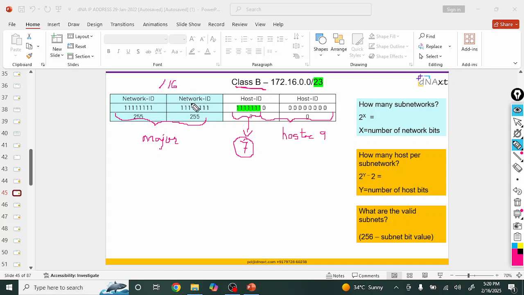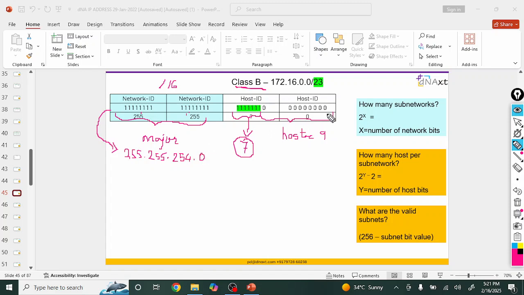So let's convert this subnet mask into decimal format. That will come out as 255.255.254.0. As all the bits in the first two octets are on, it's 255.255.